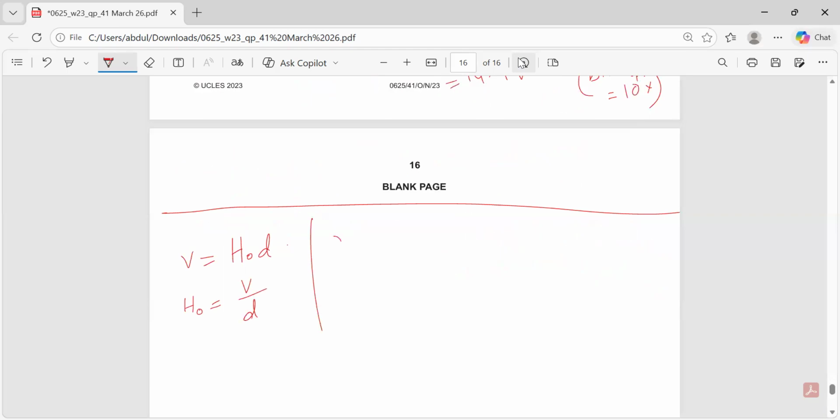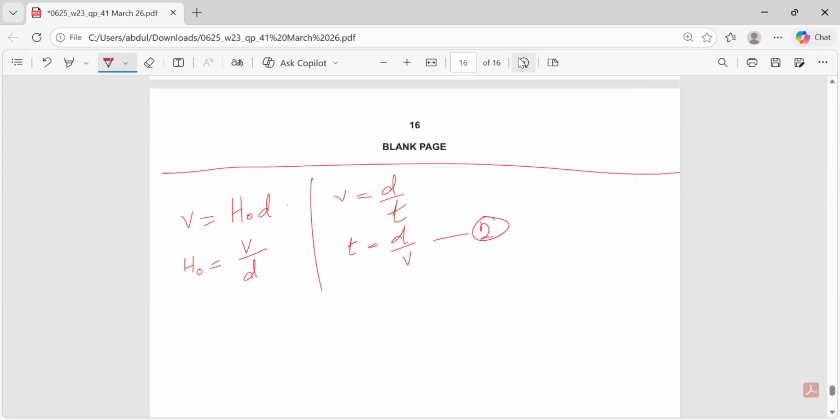What is the basic equation? Speed is equal to distance over time. And if I make time the subject of the equation, because I'm talking about the age of the universe, it will become d over v. Let it be equation 2. Where is 1? Let me say. See, time. This is time for age of the universe.